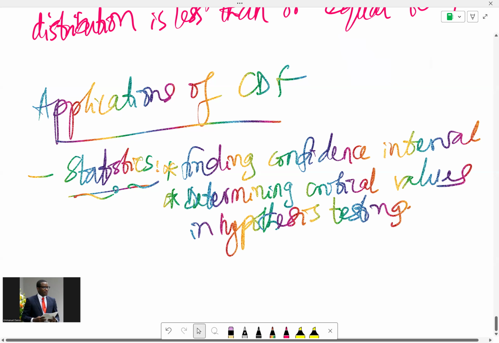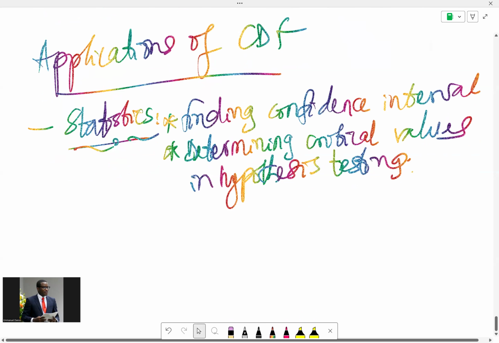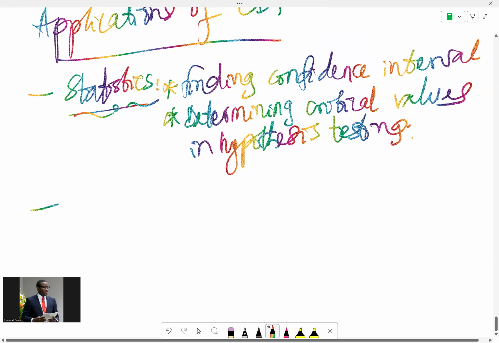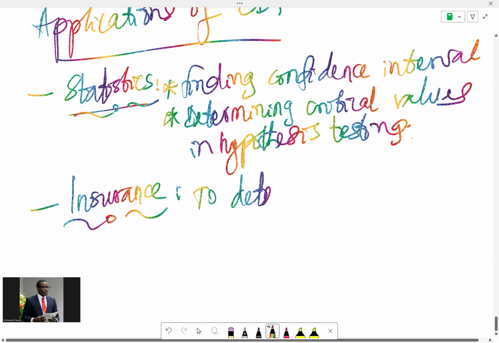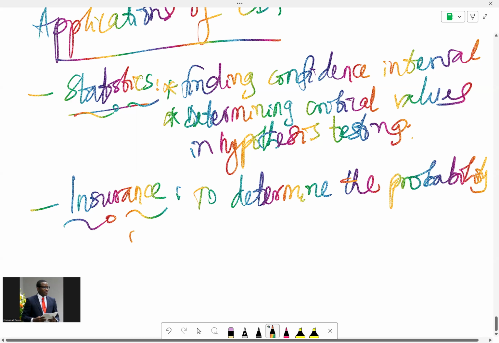Then, in insurance, we can use the CDF to determine the probability of claims reaching a certain level.